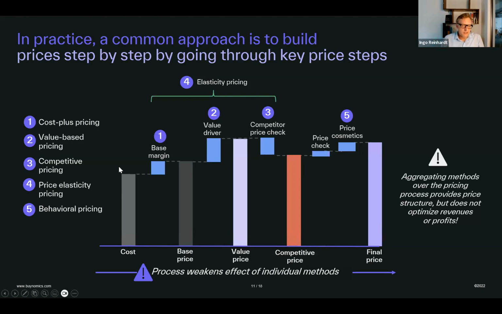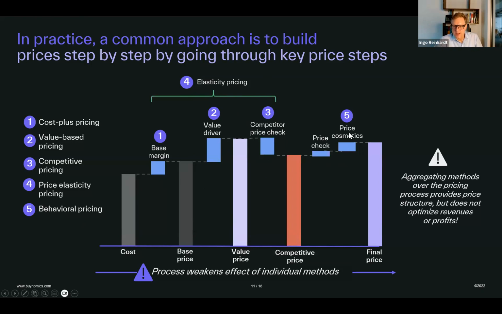But I think a decent approach to combine these different methods is to start with the costs, have something like a base margin, then differentiate prices based on the value drivers, check in the end for the competitor pricing, and do this also in the context of understanding, using price elasticities, what the demand for each product and what the profit implications are, and then do some final price checks.